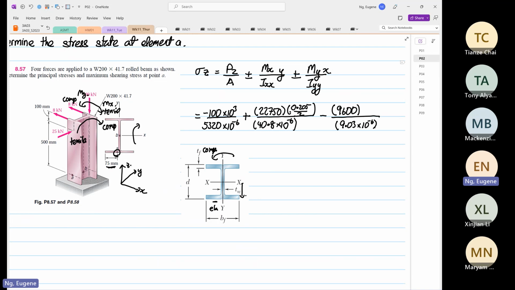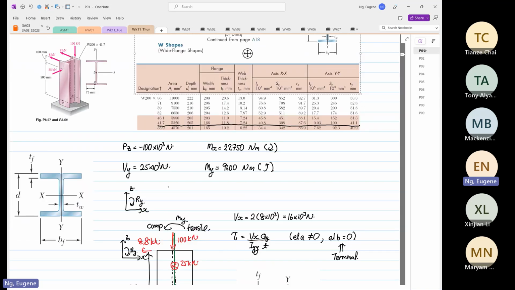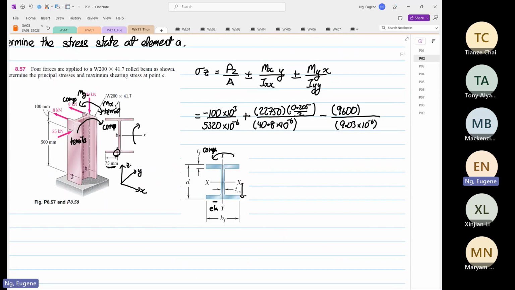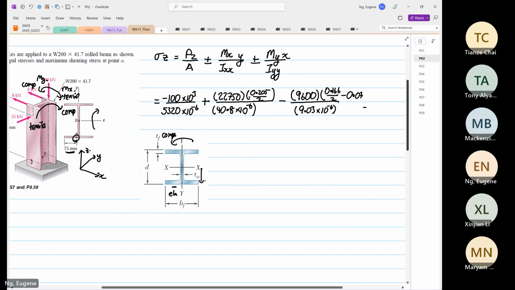And BF, you have to get from here, is 166. So this is equal to 0.166 divided by 2, and then minus 0.075, because the distance is from the centroid, right?